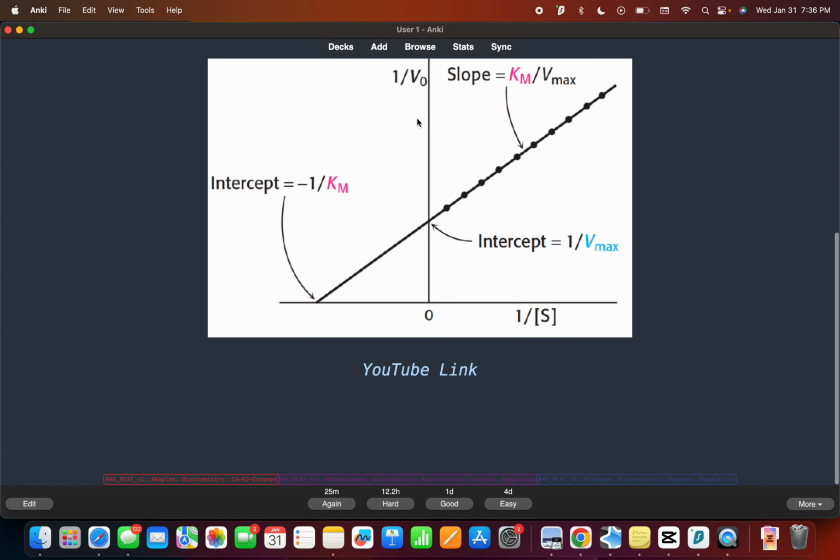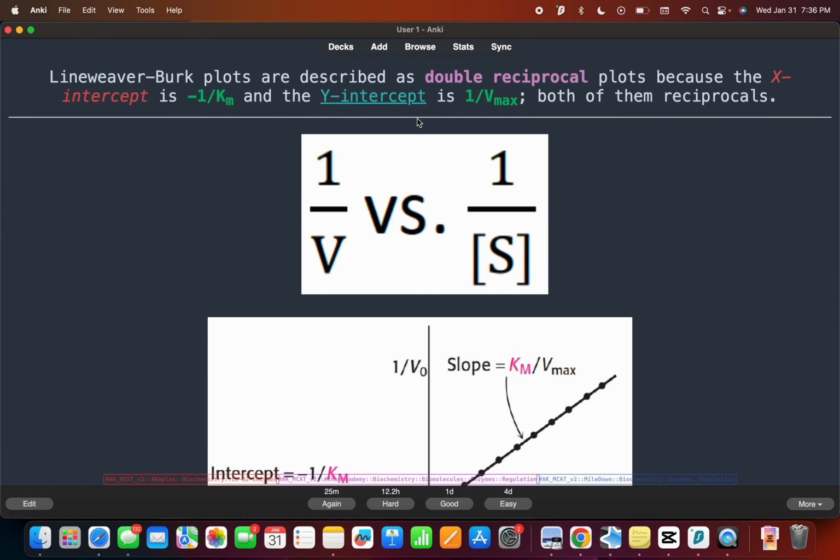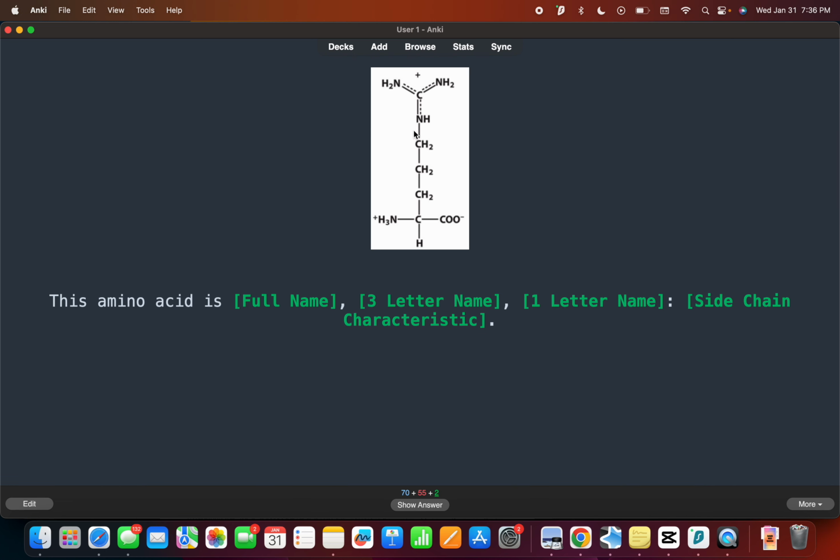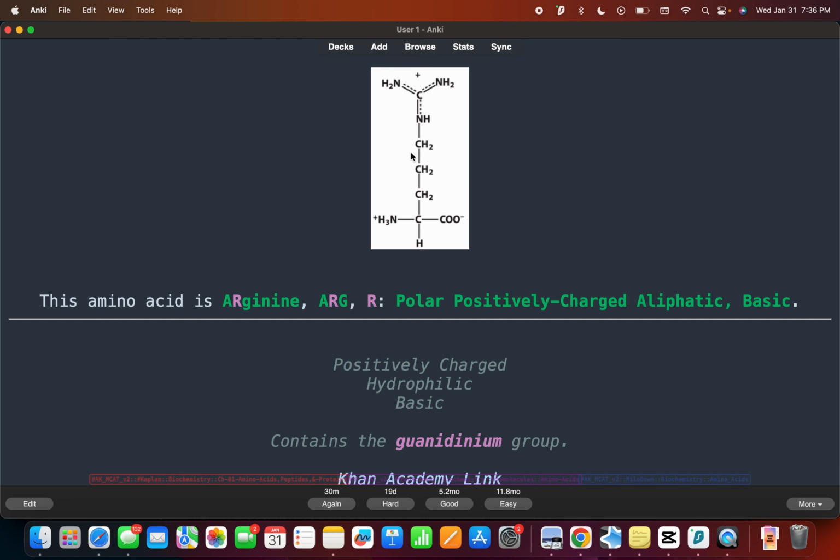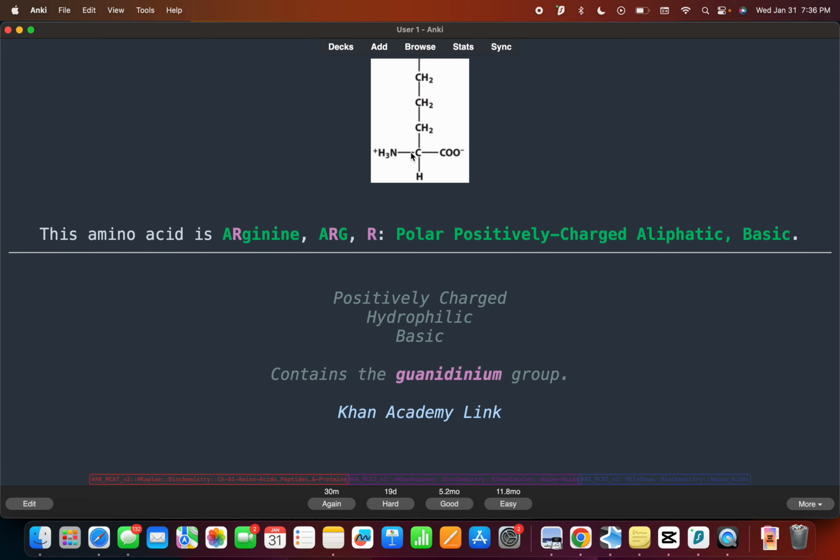Nice. Double reciprocals. This is arginine, ARG, and R, and it's positively charged polar aliphatic basic. And this is the guanidinium group.